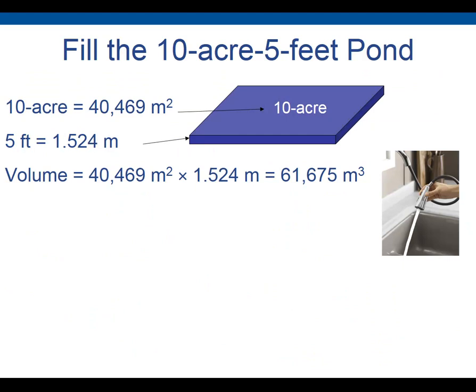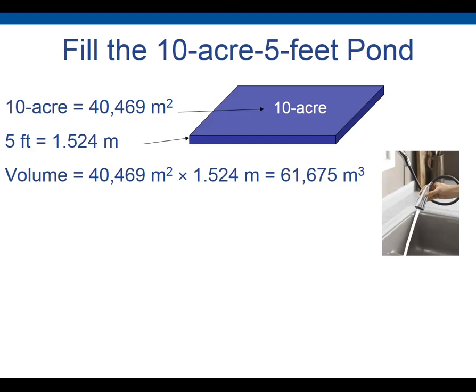And another example was filling the pond with water from a kitchen faucet. The area of the pond is 10 acres. Acre is actually a unit of area, right? We can convert it to square meters, so around 40,000 square meters.